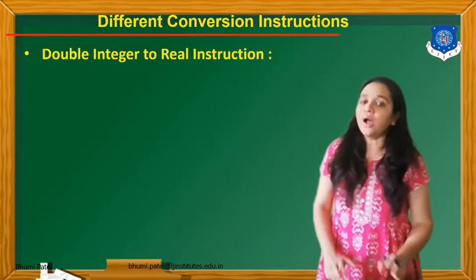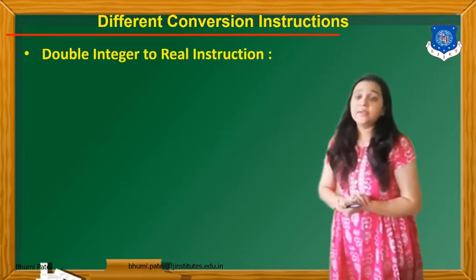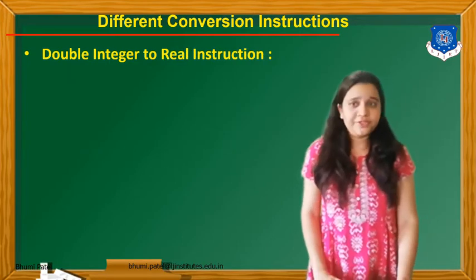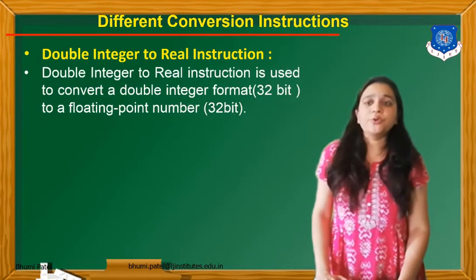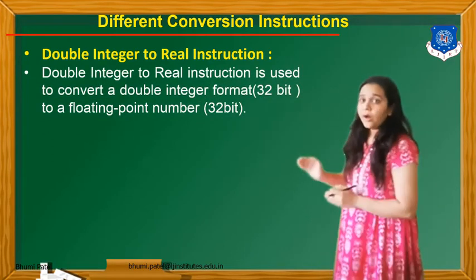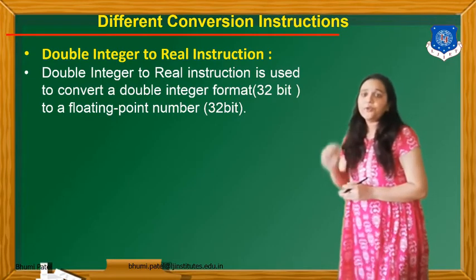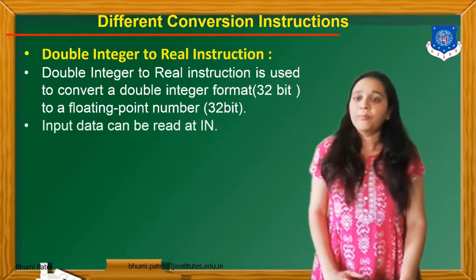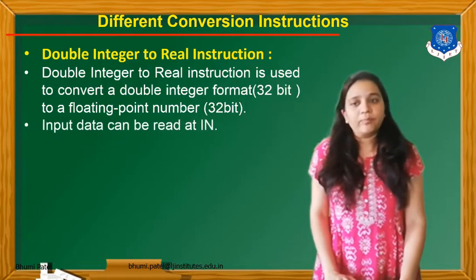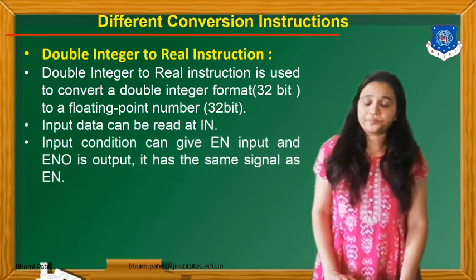Clear? Now the next is the double integer to real instruction. The double integer to real instruction is used to convert a double integer format, 32-bit, to a floating point number, 32-bit. Input data can be read at the input pin.